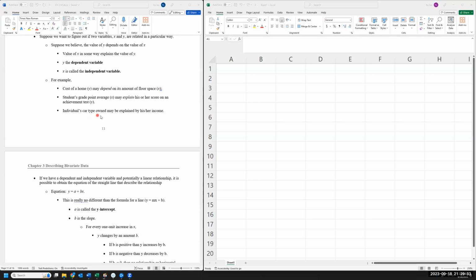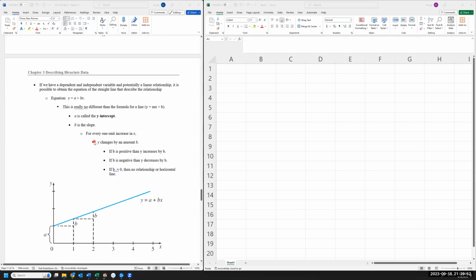And the individual car type owned may explain his or her income. So someone who maybe drives a Corolla maybe makes less money than someone who drives a Porsche or a Ferrari. Now, it doesn't always have to be true, but on average, that likely is true.